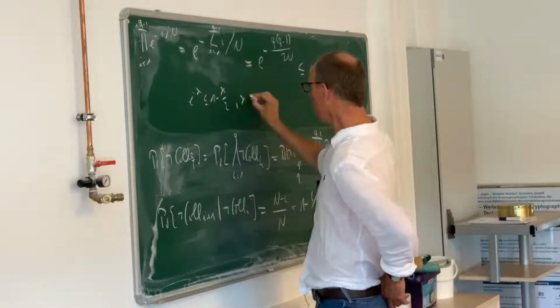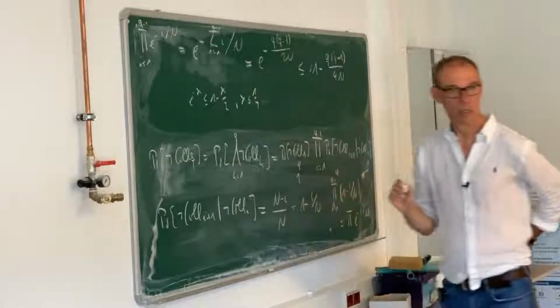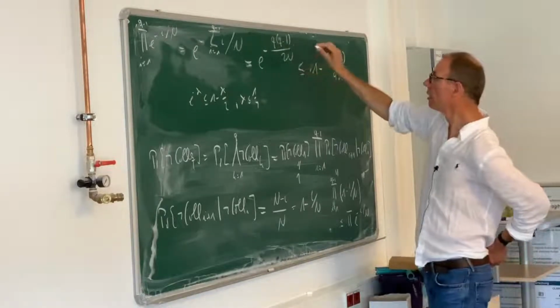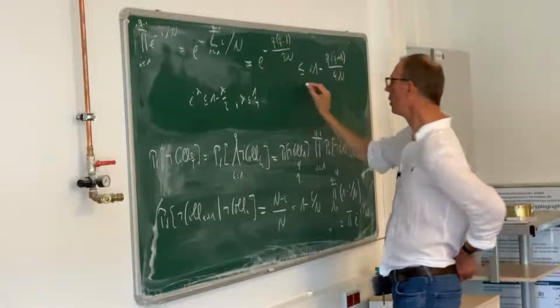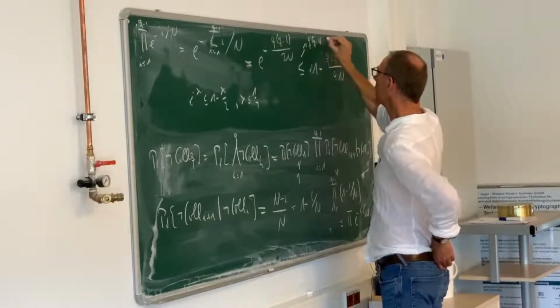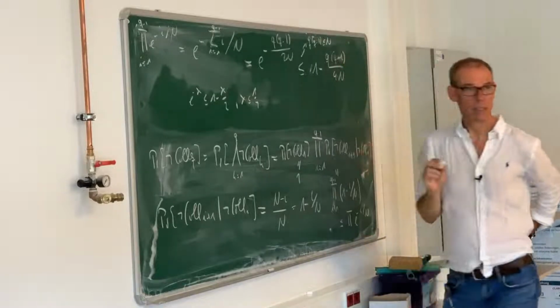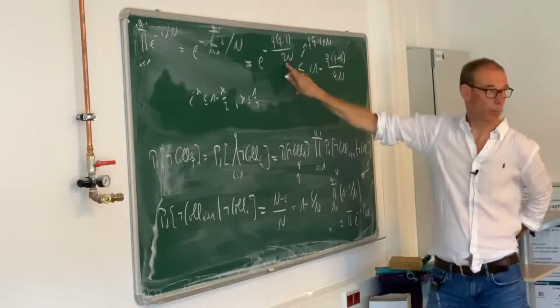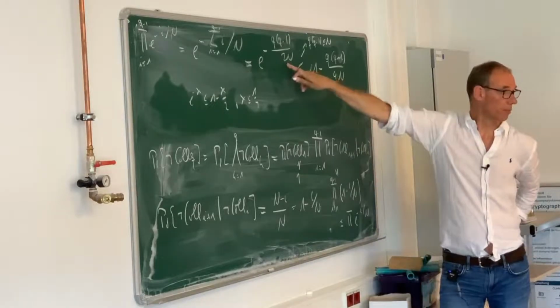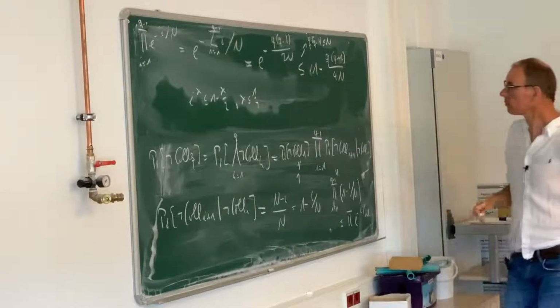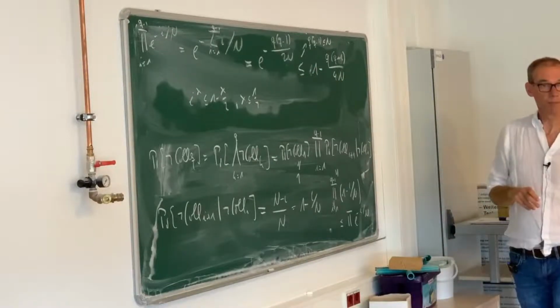But I need for that x to be less than 1/2, which means that's only true if q times (q minus 1) is less than N. Because if that's true, then I have this 2 here, and I'm less than 1/2. Yeah? Okay?